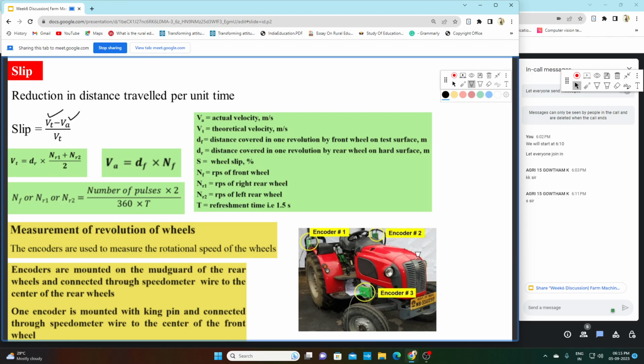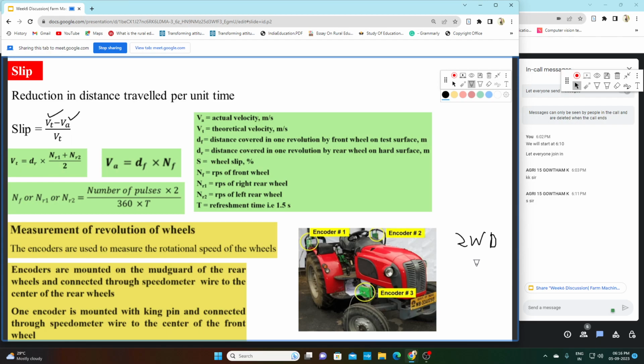The thing is, the tractor that we study is a two-wheel drive tractor, 2WD. In a two-wheel drive tractor the power is only on the rear wheels. The front wheels are towed.